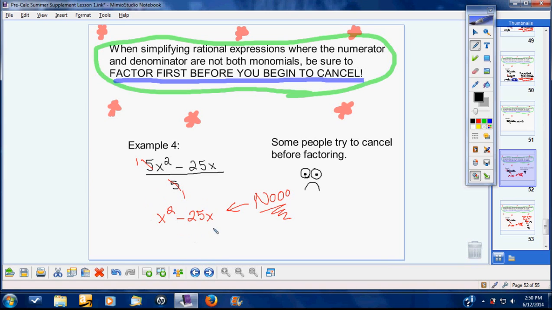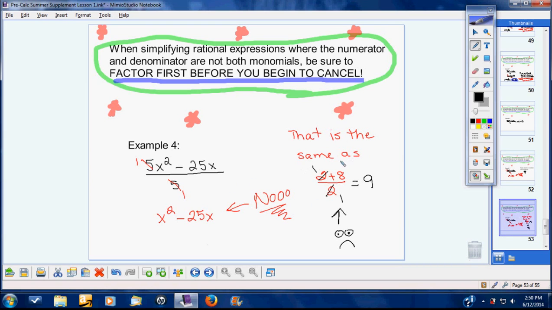This answer is way different than the real right answer. You cannot just cancel a term. You have to have a factor. 5x is not a factor of the whole numerator. It's just this 5 right here is a factor of one of the terms. It's got to be a factor of the whole thing in order to cancel.